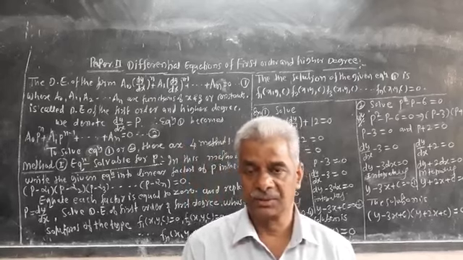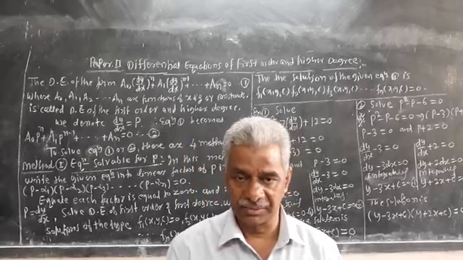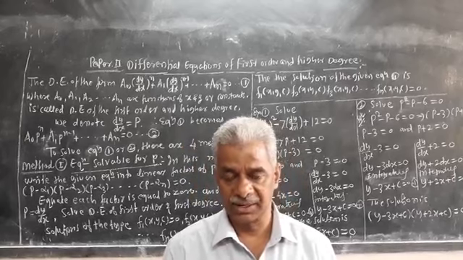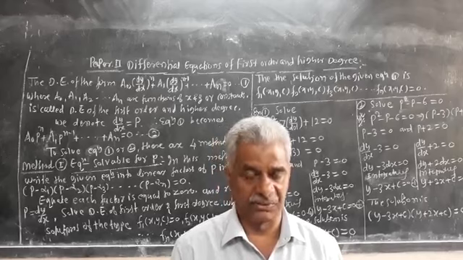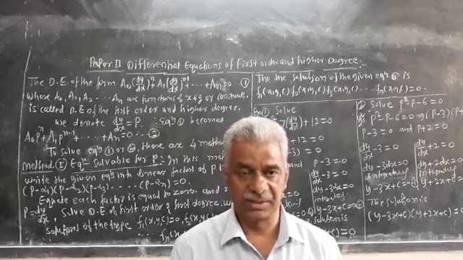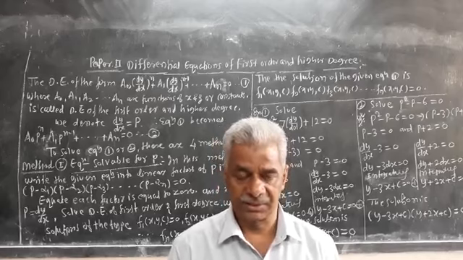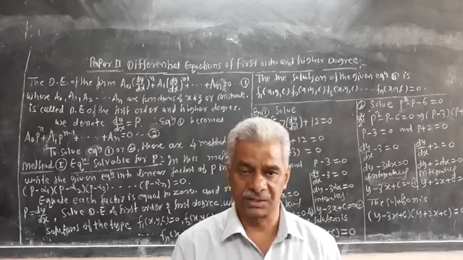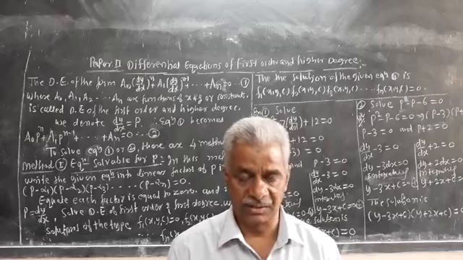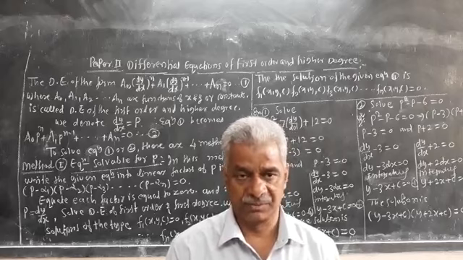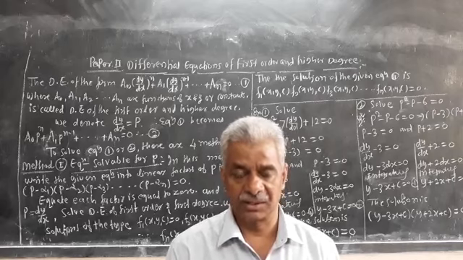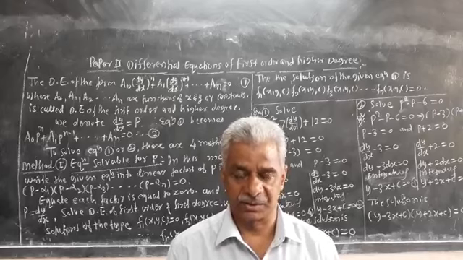Since we have the term dy by dx, which is a first order derivative, it is called first order, and the power of dy by dx is 1.